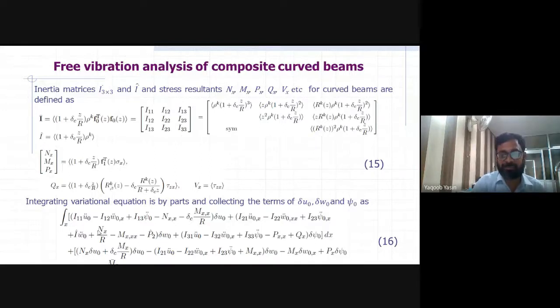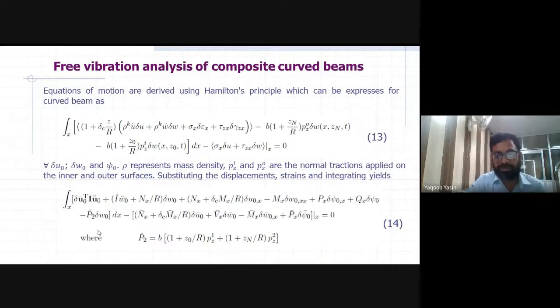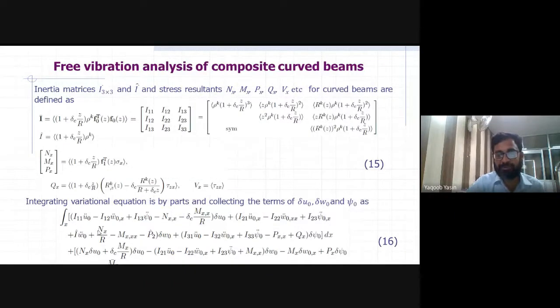These are the displacements which are the elements of u naught bar. Therefore, we expand this in terms of the available displacements of the system we are considering in the formulation. In the third order theory we have three displacements, so we expand this equation containing all three displacements.